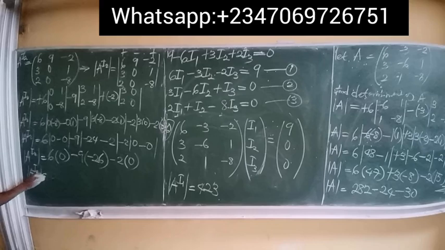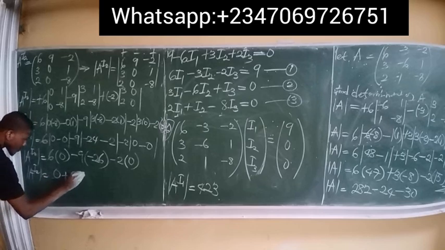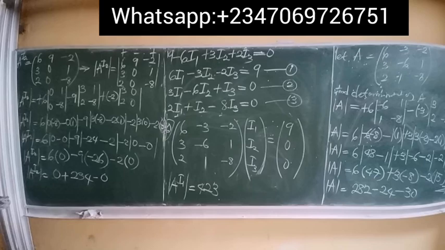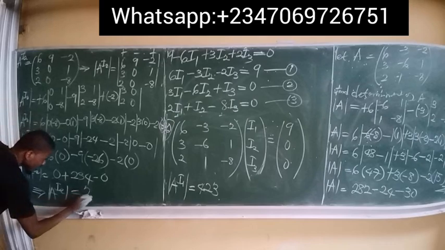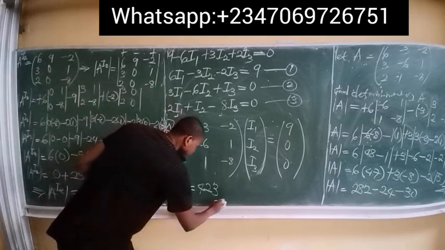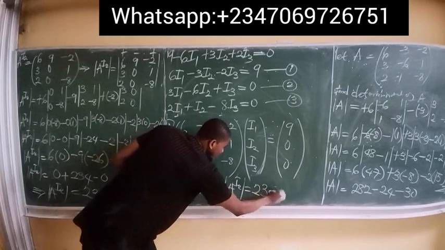So that is 6 times 0 is 0, minus 9 times minus 26 gives us plus 234, okay, minus 2 times 0 simply remains 0. So this now implies that the determinant of AI2 is simply equal to 0 plus 234 minus 0, which still remains 234. Okay, so I will put that value down here. So the AI2 determinant is actually 234.